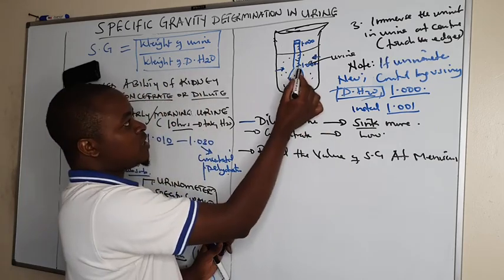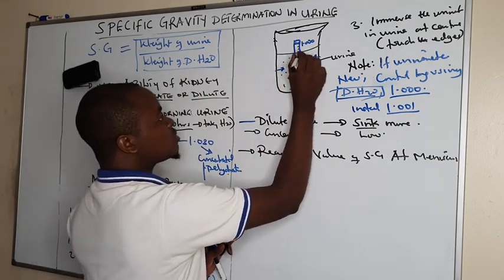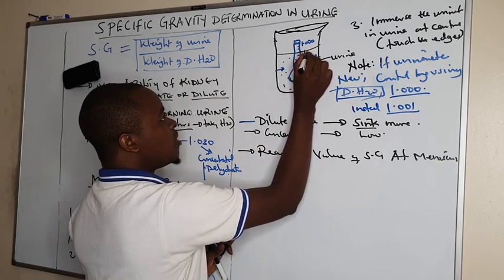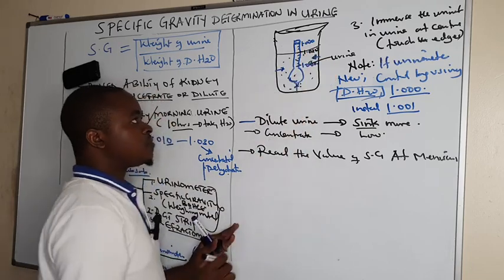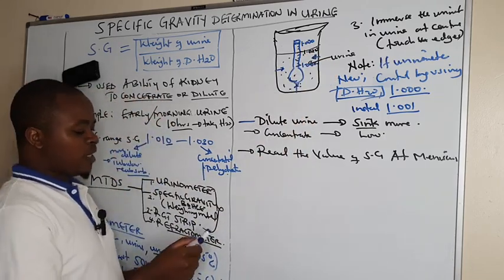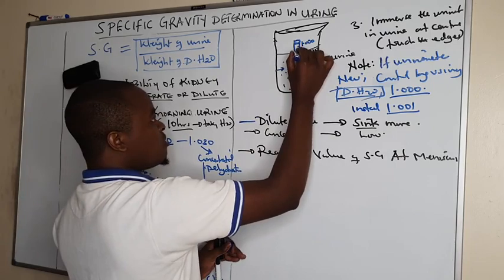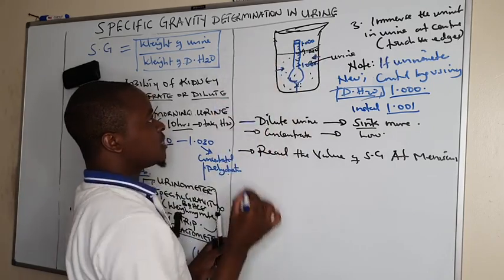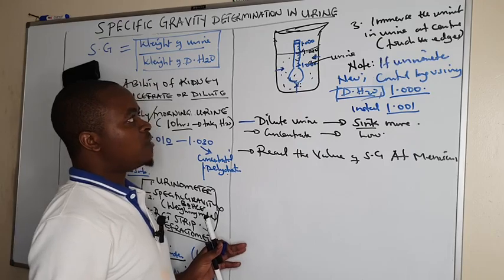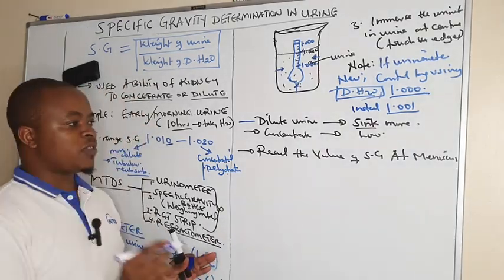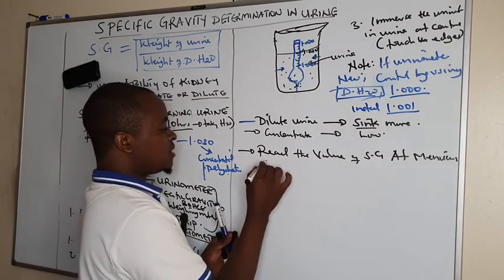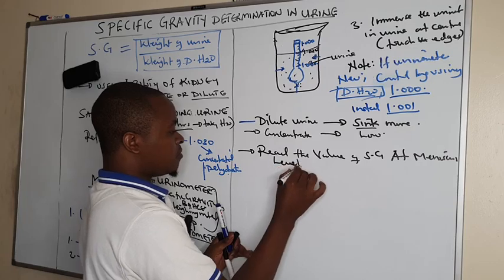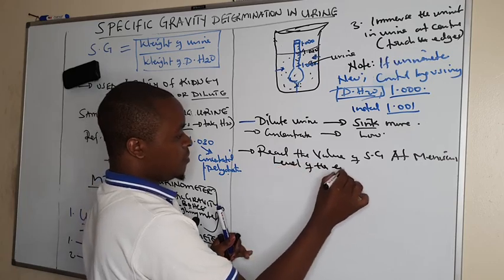We said it has readings, so in case it has stopped here, and this is maybe 1.020. At the level of the meniscus, where the urinometer has stopped being suspended in your urine, you read that meniscus at the level of the eye.